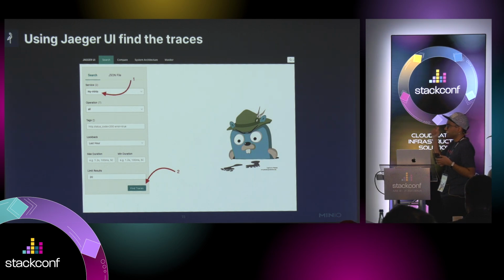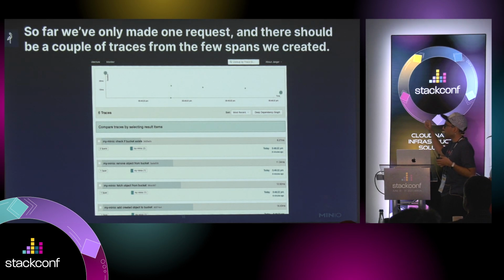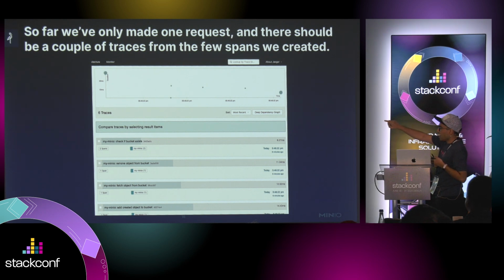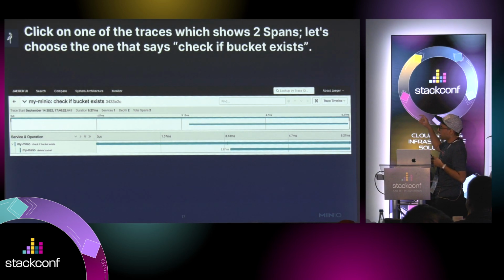Then when I click on Find Traces, I was able to search for the relevant traces that happened. Here we can see that not only do I have the main span, but each one has multiple spans as well, like 2 spans, 1 span, and you can drill that down even deeper.